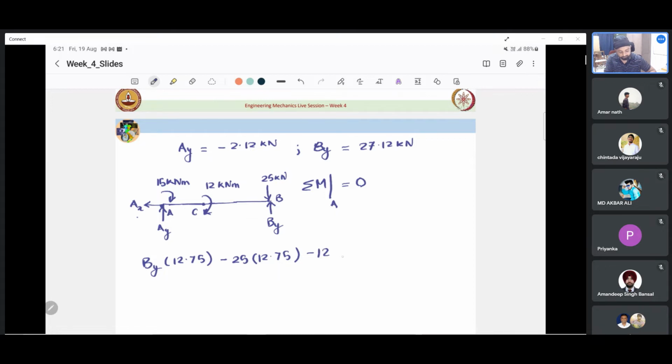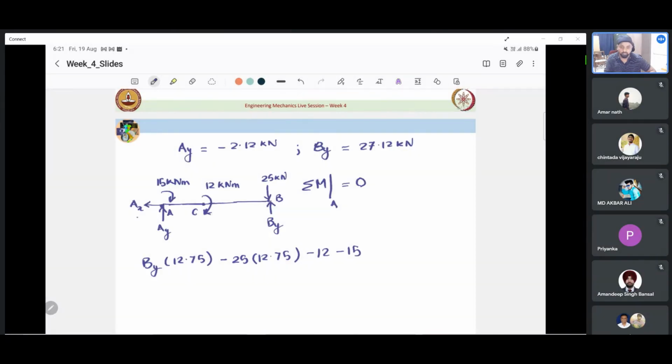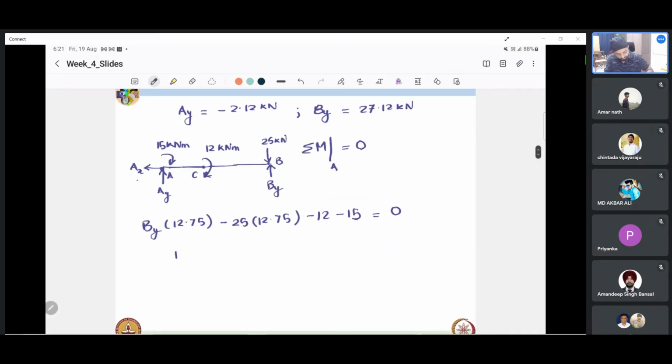Similarly, at A we have a minus 15 kilonewton meter clockwise couple applied. And by similar logic, we can see that Ax and Ay will not contribute. I am just sparing you by not writing it here, but you can figure out that Ax and Ay, since they are applied at A, are not contributing to anything. This comes out to be 0. Now the thing is, it should add up. So if we see By into 12.75 minus 12 minus 15 equals 0.